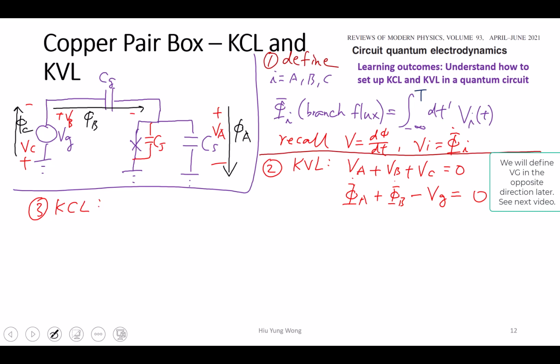The KCL tells us that IB must be equal to IA. So IB, of course, we're talking about the current going in this direction. We follow the flux, this direction.